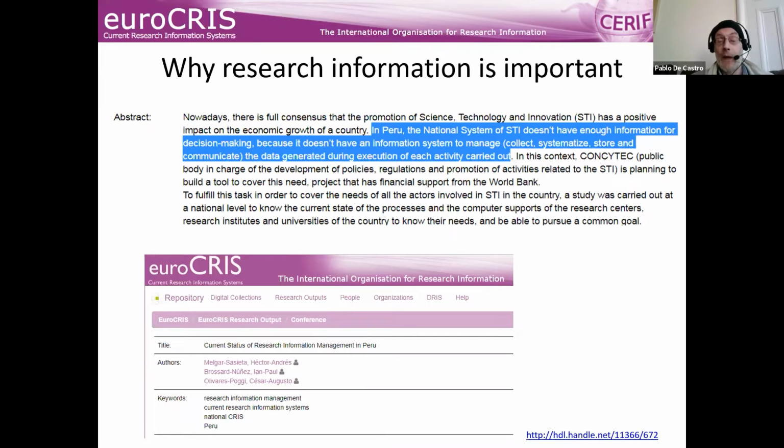This means there are no clear snapshots available at a national level on how many publications are being produced in the country, for instance, how many collaborations with industry there are, how many funded projects there are, who is funding these projects. It's a quite complex endeavor to collect all this information. You could say, okay, we can collect the publications from Scopus or from the Web of Science, and that's it.